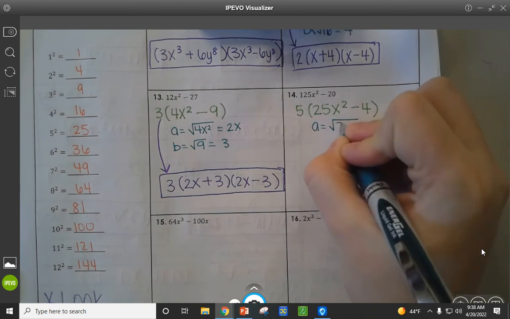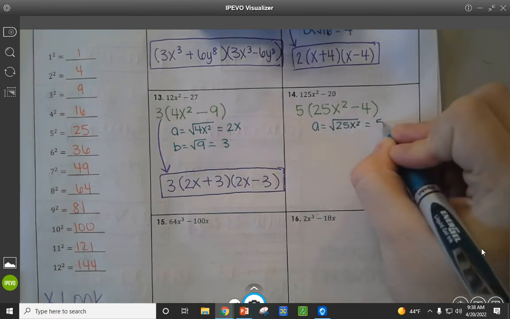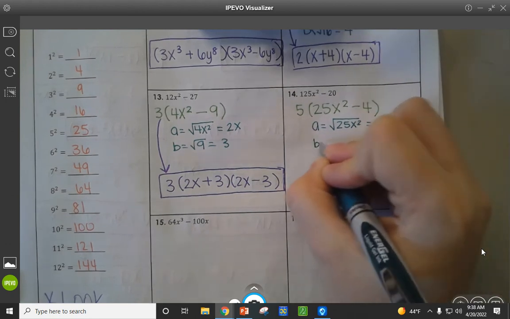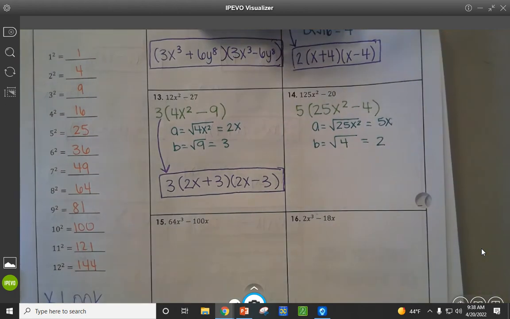So a is the square root of 25x squared, which is 5x. b is the square root of 4, which is 2.